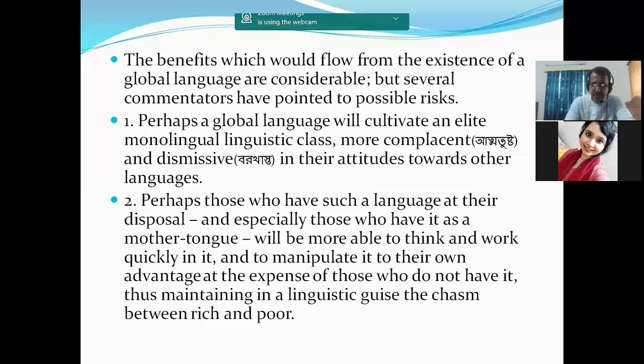Of course, this kind of linguistic power division will make a difference between poor and rich as well, because the English speaking countries have their mother tongue simultaneously.